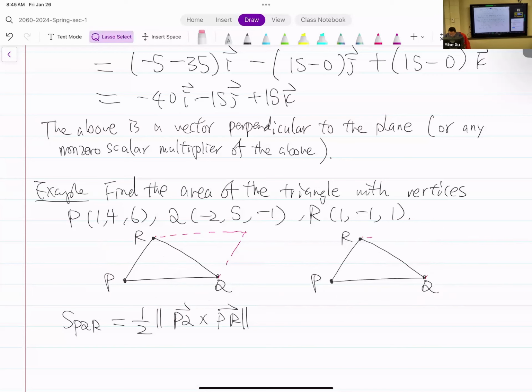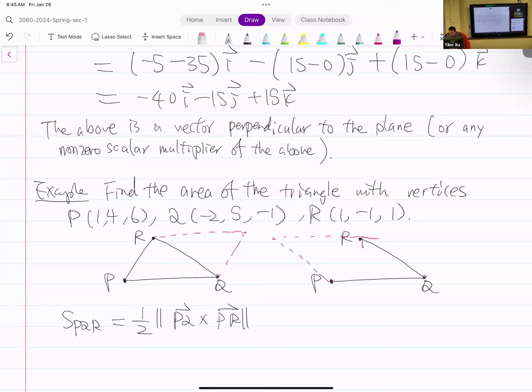If I do, let's say, QP and QR, what you can do is just extend the parallelogram in a different direction, but the area is, of course, just 1/2 of the area of the parallelogram, right?